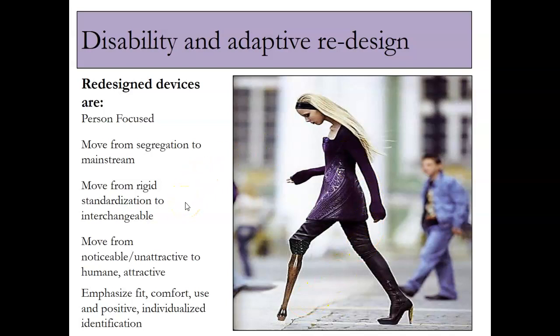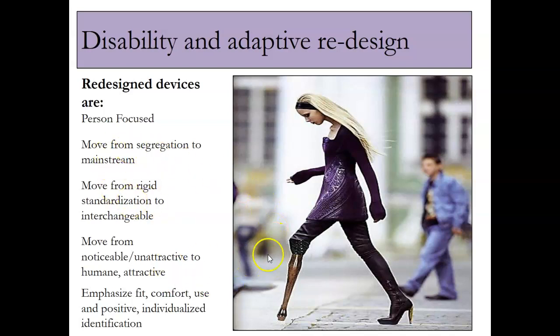Again, it's more person-focused, moving from segregation to mainstream, moving from rigid standardization to interchangeable, more options, from noticeable, unattractive to humane and attractive. Emphasizes fit, comfort, use, and positive, individualized identification.